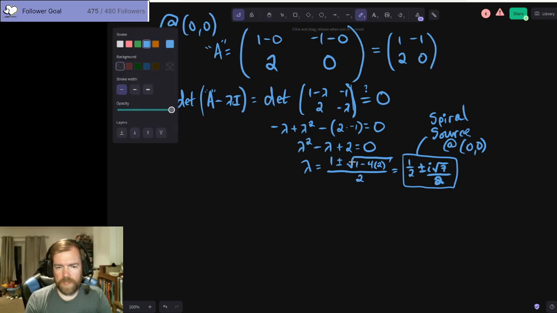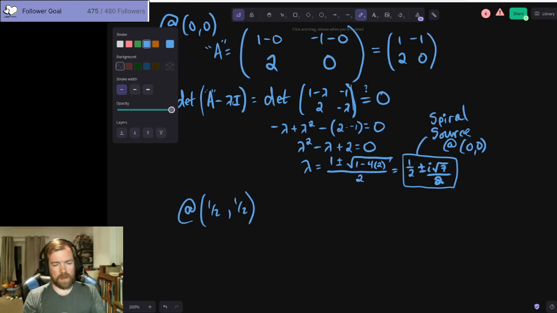Right. If we repeat at a half, again, we said that this should be a saddle point. So our A matrix is going to be equal to, this is 1 minus a half, negative 1 minus a half.